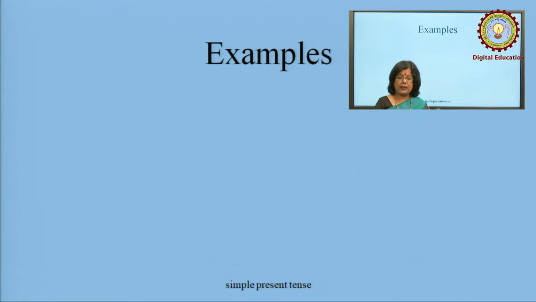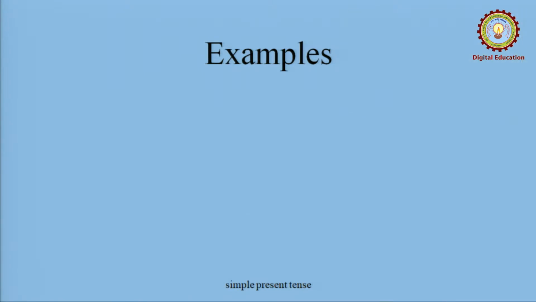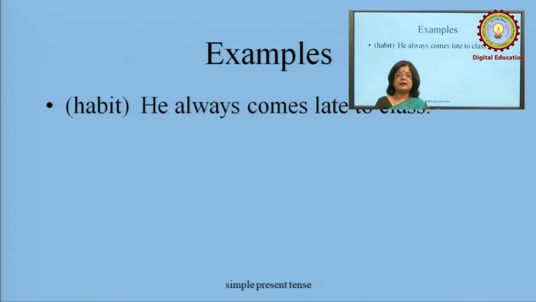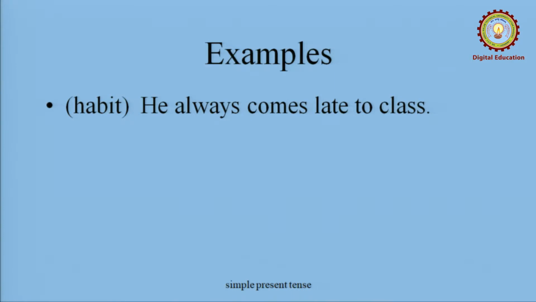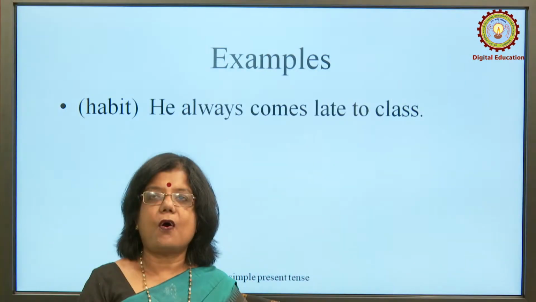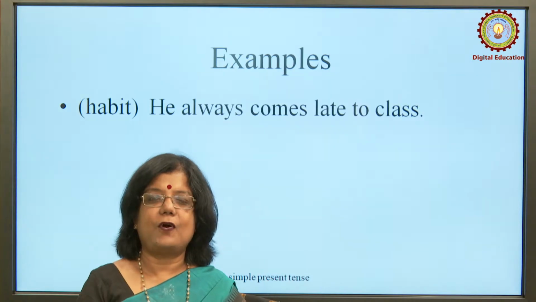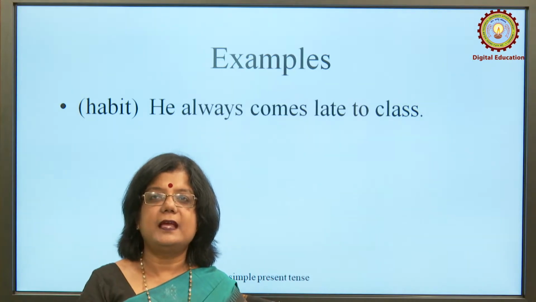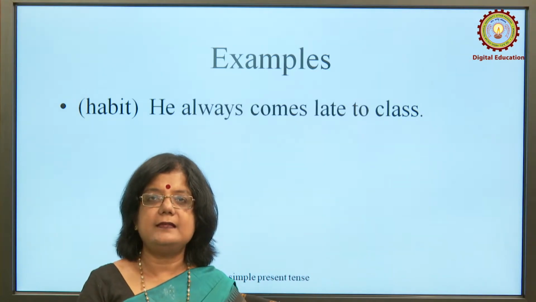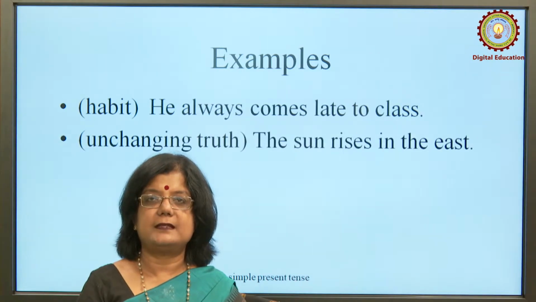Now, examples are the best modes of getting control over language. Let us take an example of habit. He always comes late to class, or if we want to state a positive sentence, he always comes to class timely. This is a habit, and hence it can be stated through simple present tense.